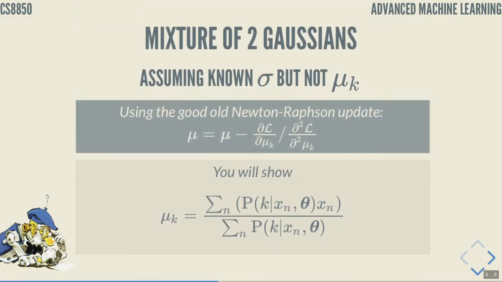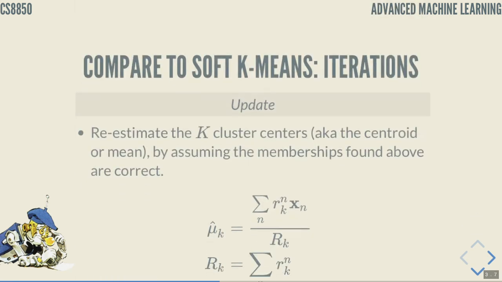Oh, look, responsibilities are class posteriors. So when we estimate Gaussian mixture models and when we do mixture modeling, our maximum likelihood estimator, in this hacky way, is just class posteriors. So what is hacky about it?